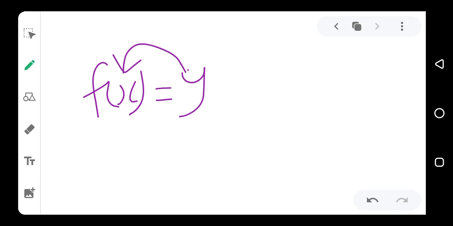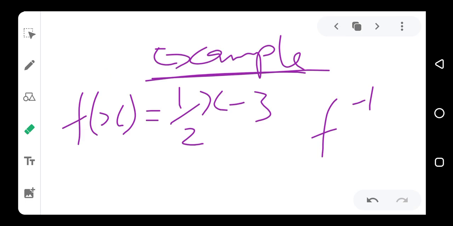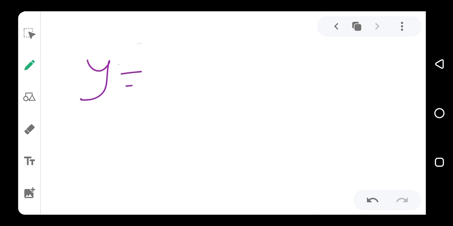So that becomes the inverse of the function. So for this function now, if you want to find the inverse of it, now we make x the subject of the formula here. So we now call this f of x y. This is our y. So we have that y is equal to 1 over 2x minus 3.